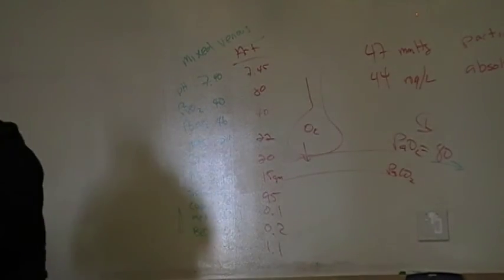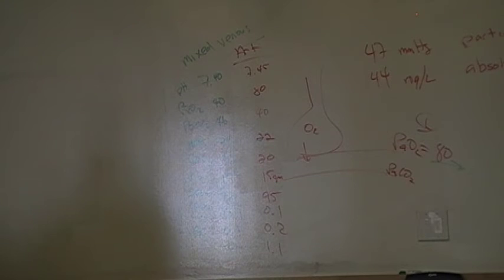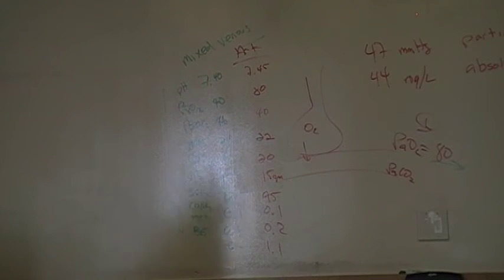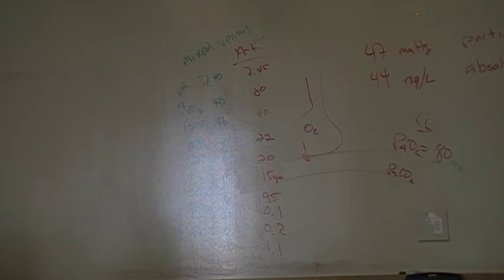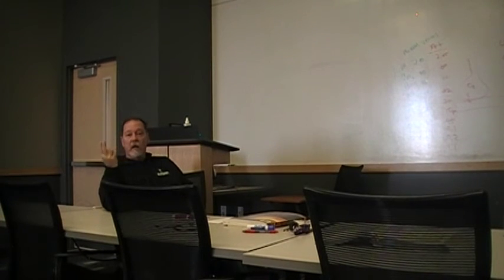So in the end, I'm just given numbers, right? I've got an arterial blood gas and I've got a mixed venous blood gas. In the end, I'm just given numbers and I have to interpret the results, okay? Well, the thing that we focus on the most is the amount of oxygen, the content, the saturation, essentially oxygen transport that we'll talk about next time.